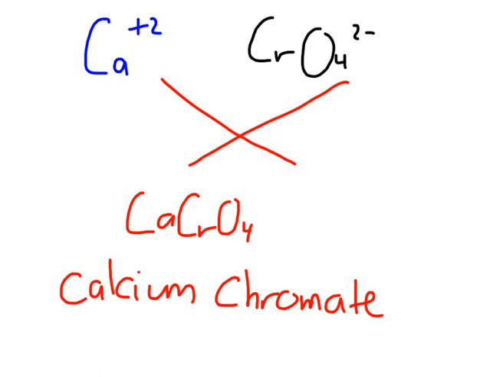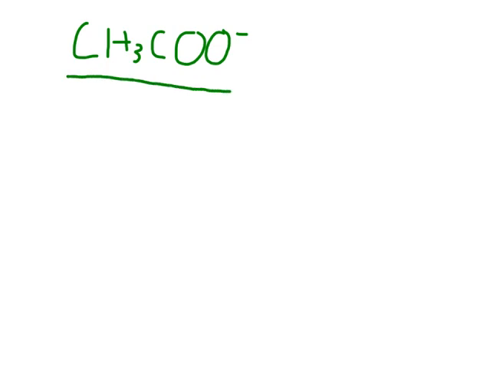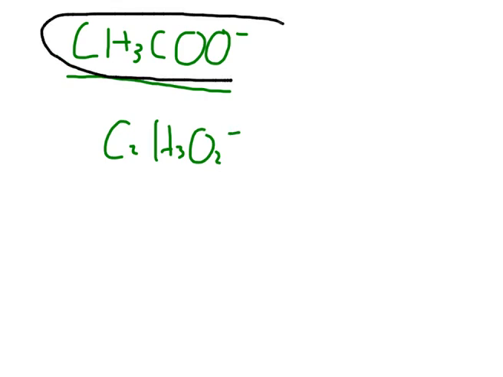Alright, let's put together another example. And this time I'm going to choose acetate. Now, if you're looking at your chart, you may notice that there's more than one way to represent acetate. This one is actually much closer to its structure, but you can also represent it as C2H3O2 1-. Either way is acceptable, but this way is slightly more correct.